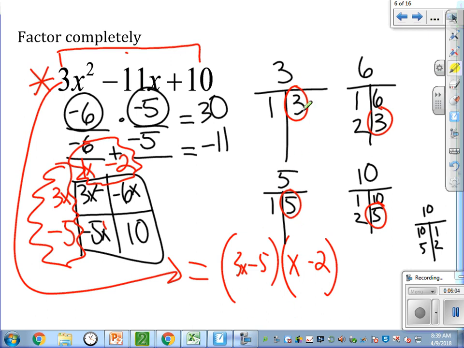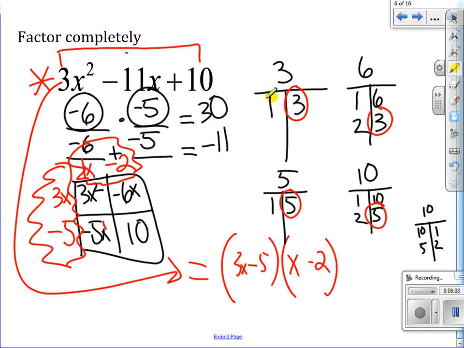And what's the biggest number that's the same in both tables? It is 1. Beautiful. All right, how about 6 and 10? What's the biggest number that is a factor of 6 and 10? Well, that would be 2. Okay, so that's why when we went over to our column here, I pulled out a 1 and I pulled out a 2.